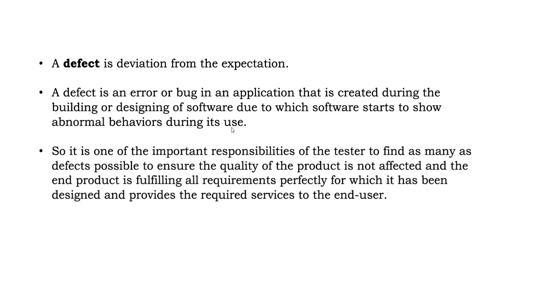It is one of the most important responsibilities of a tester to find as many defects as possible to ensure the quality of the product is not affected and the end product fulfills the requirements perfectly for which it has been designed and provides the required services to the end user. So as a tester, it is our responsibility to find this deviation.